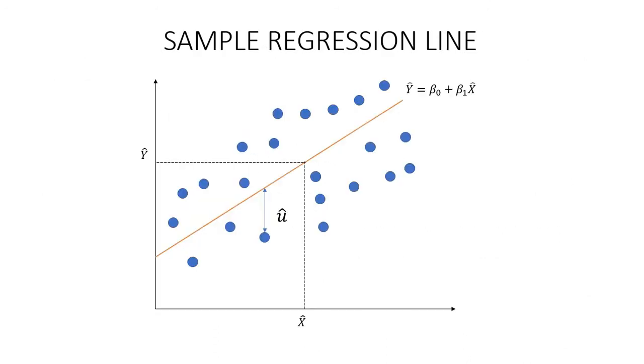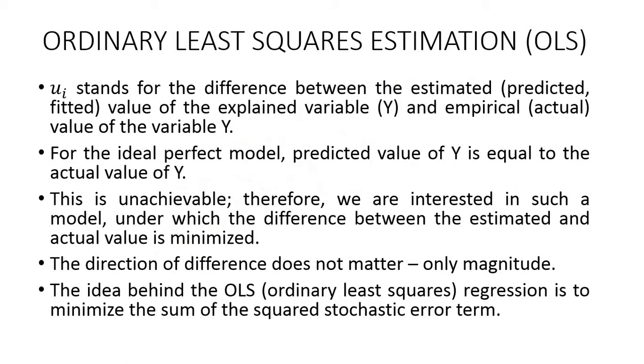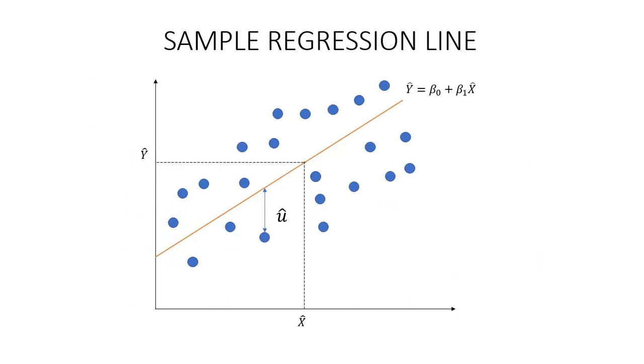It's impossible. So you're just interested in making it as good as possible. And what I mean is to minimize the sum of square distances between the regression line and the empirical values of the dependent variable. I will explain.